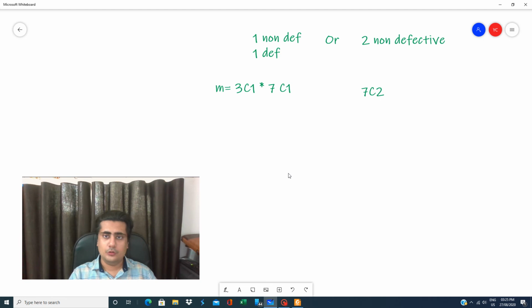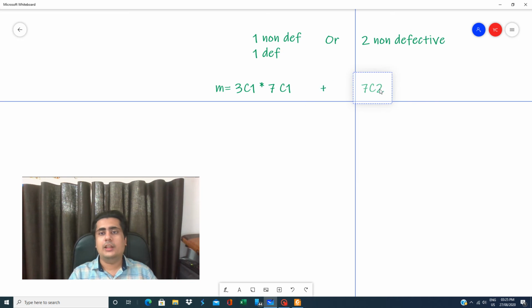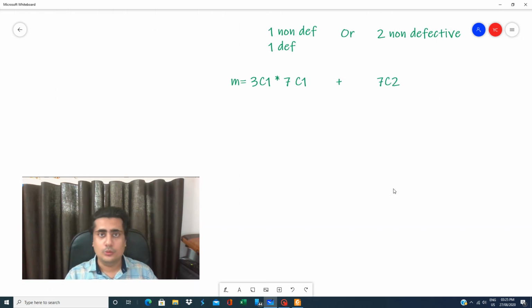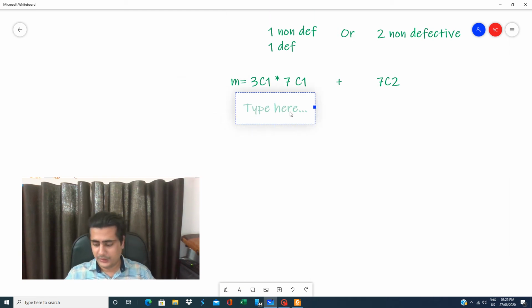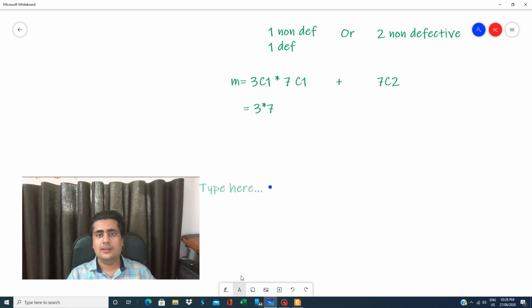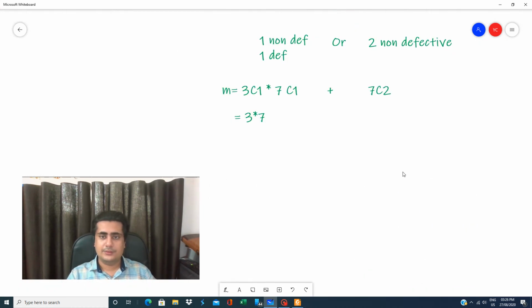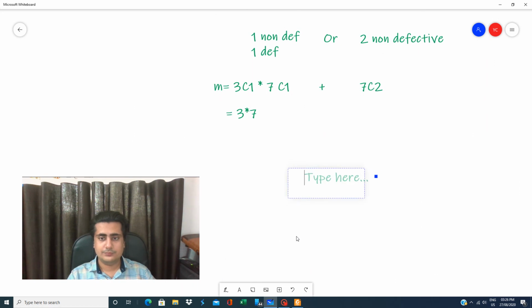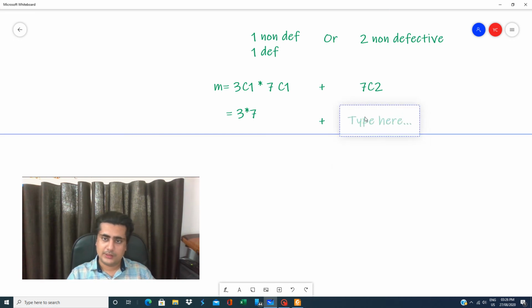And as I told you, if you get or anywhere, you are supposed to add. Now if you solve this, 3C1 is 3 and 7C1 is 7, plus 7C2. What is 7C2?